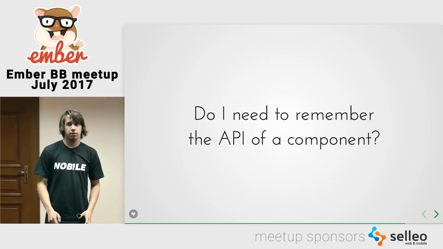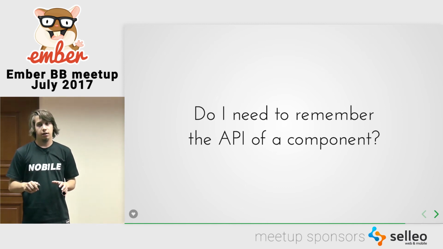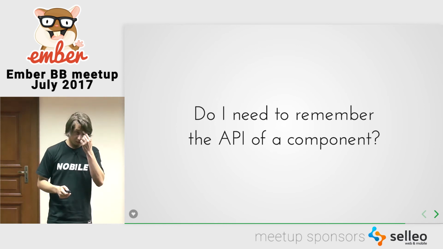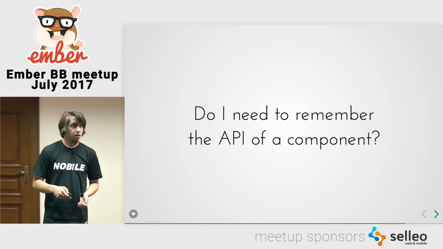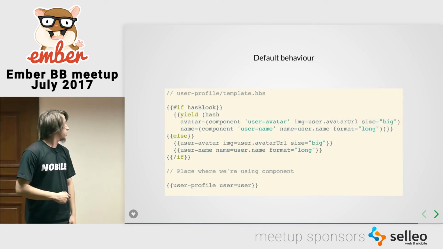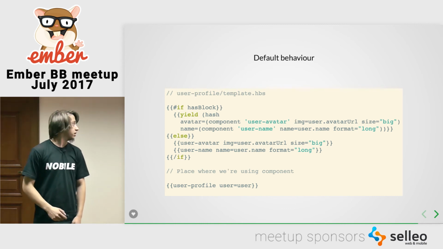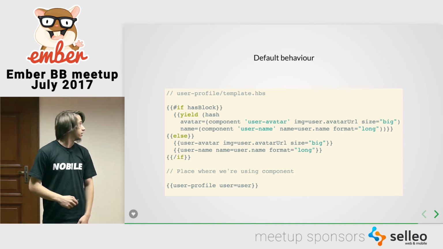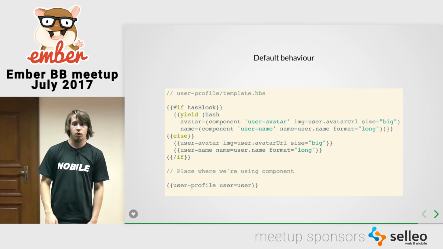But okay, it's really hard to remember the full API of our components in our app. So do we need to remember all of it? Of course not. We can create something like a default behavior. So if we don't want to customize, it just renders the default behavior. And if we want to customize, we can just replace it with a block and extend it in the way that we want.